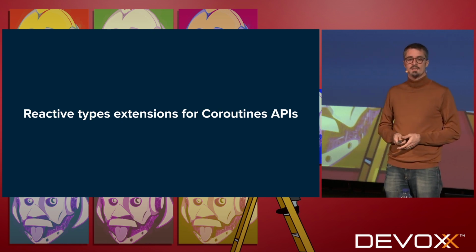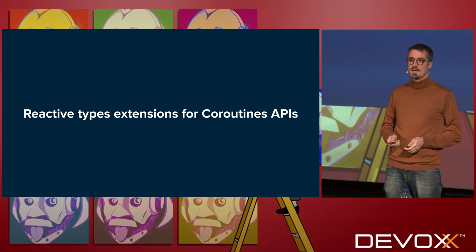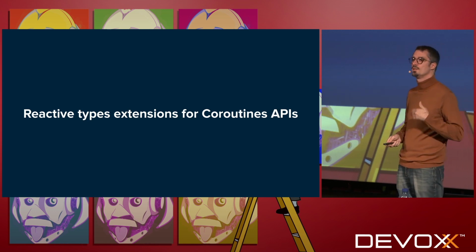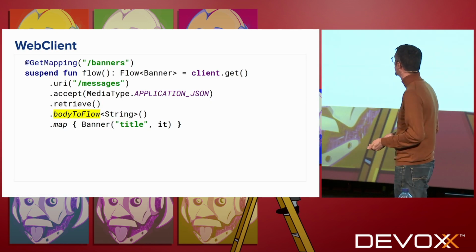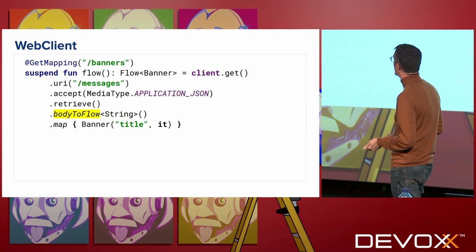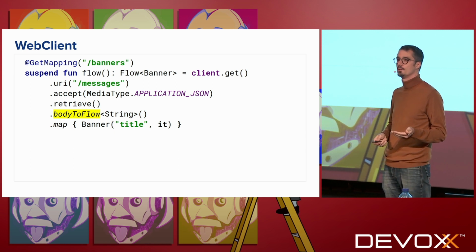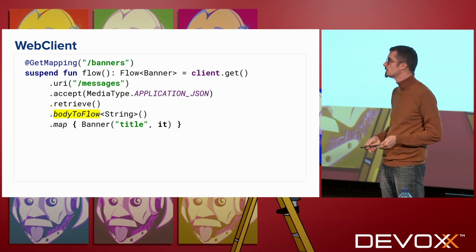So we provide reactive type extensions for coroutines API, and that's how we can support coroutines without introducing new types. For example, we have this WebClient type, which provides a reactive API to deal with remote HTTP endpoints.